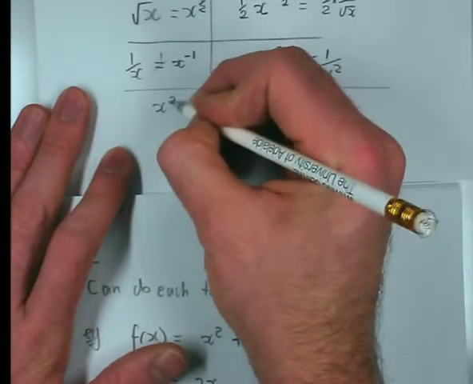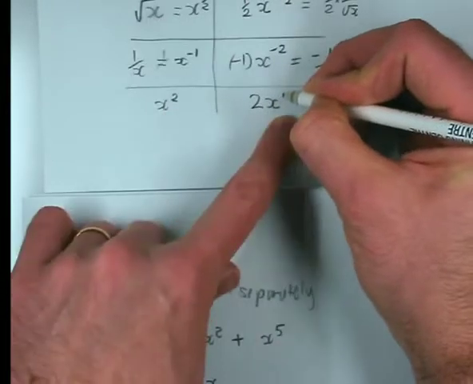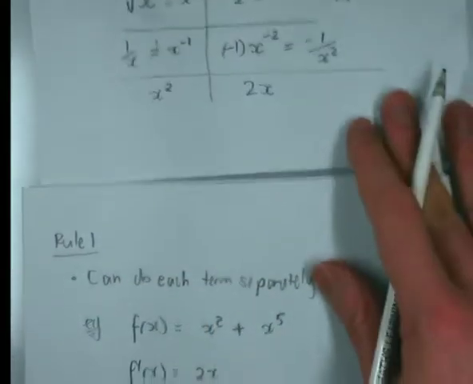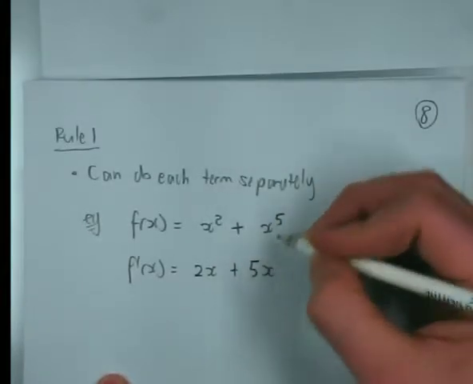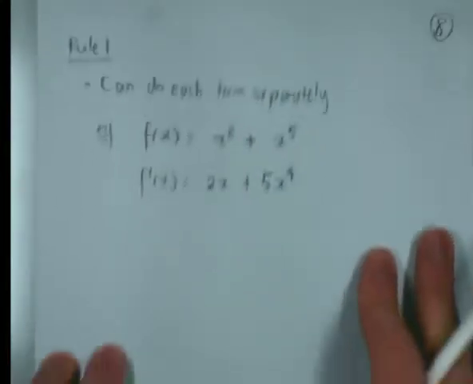X squared: the power will come down, and it will be x to the power of 1, but x to the power of 1 is the same as x. And this one, times by the current power, make the power go down by 1, and that's what I get. I can just do each bit separately, and even if there were minuses between them, it wouldn't matter, I could just keep the minus there. Okay, that's rule number 1.